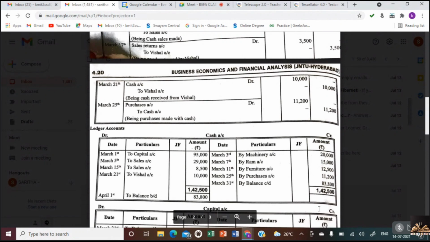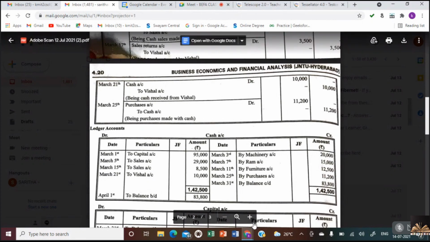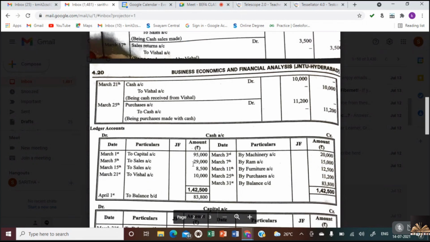Now listen carefully. What we need to do is always remember, debit side would be more. Debit side balances would be always more in ledger. So what we need to do? We first need to do the total of all the debit items. Once we do the total, we get 1,42,500. Is it clear, Nana?